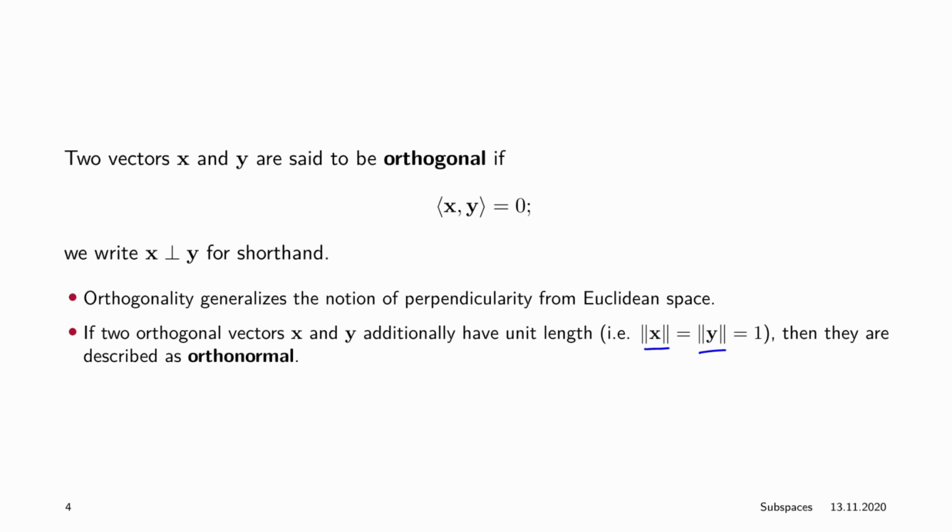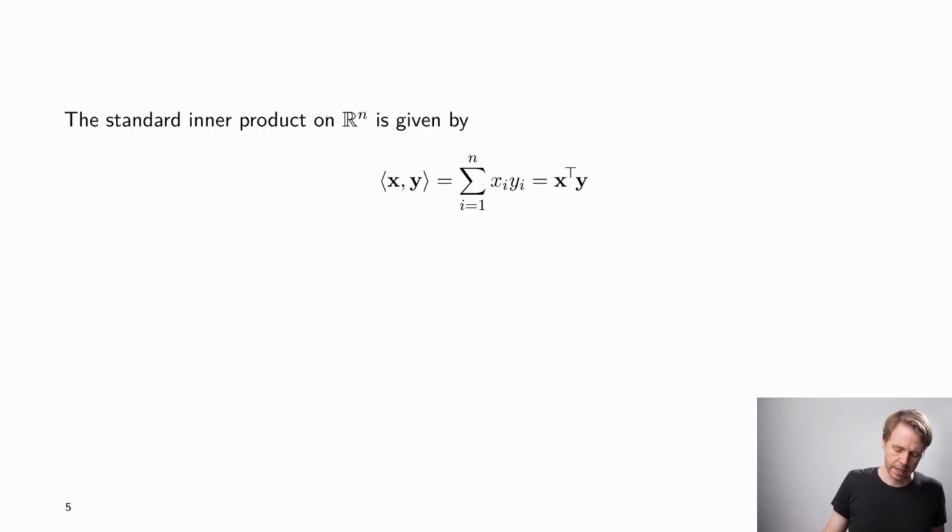If x and y also have unit length, meaning that the norm of x and the norm of y are equal to 1, and they're orthogonal, then we call them orthonormal. So x and y are orthonormal if they are orthogonal and they both have length equal to 1.